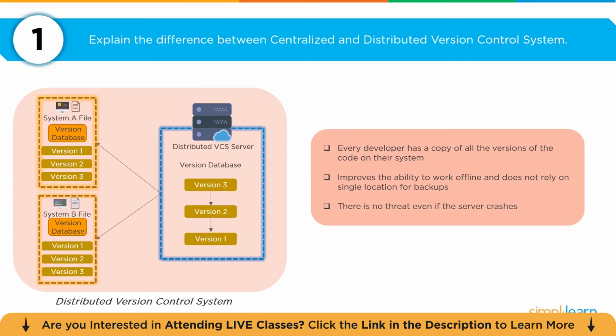Now, in contrast, in a distributed model, we do check in our code to a server. However, for you to be effective in building out your solution, you check out all of the code for the solution directly onto your local development machine. So you can have a copy of the entire solution running on your local machine.